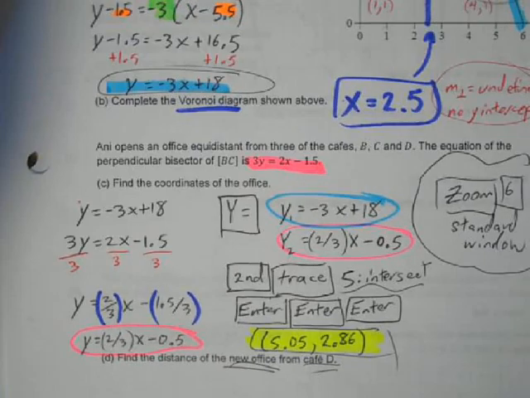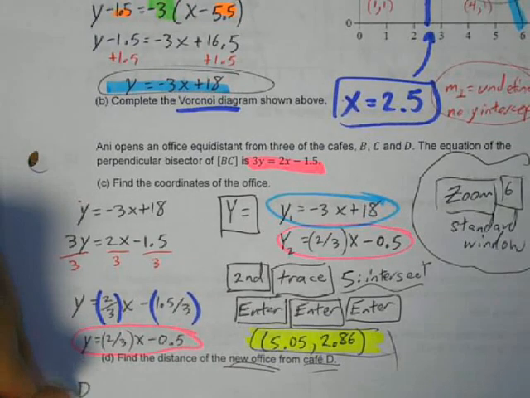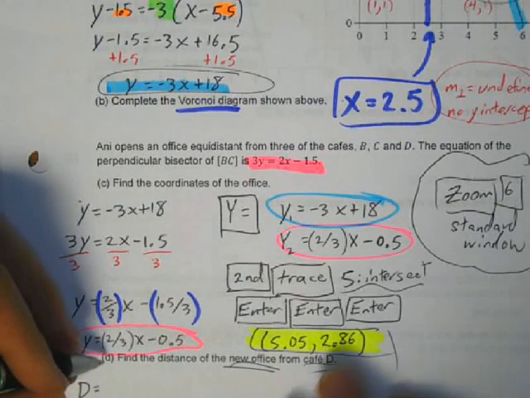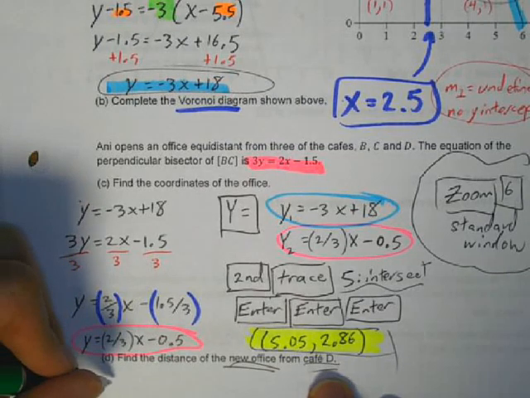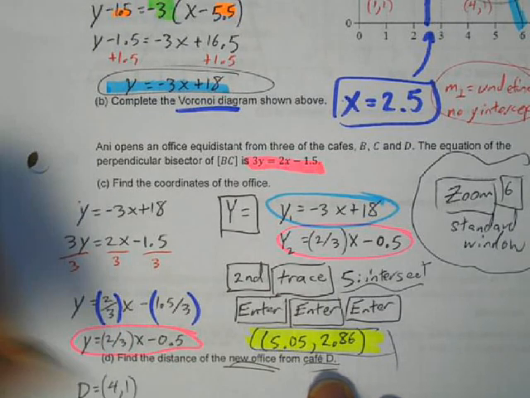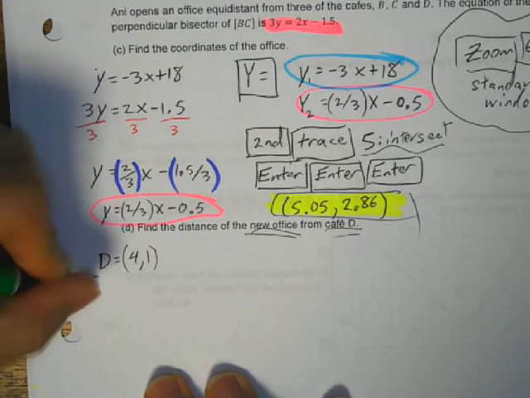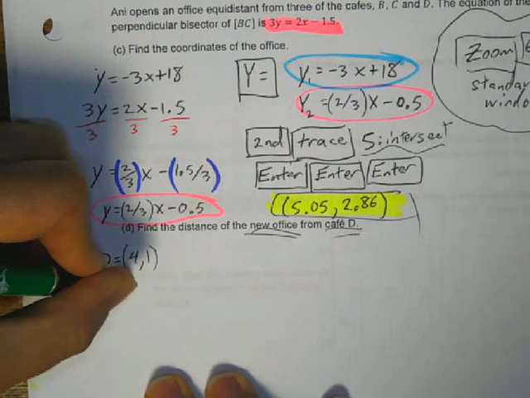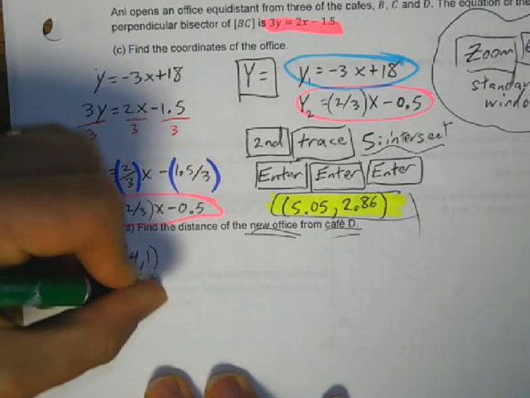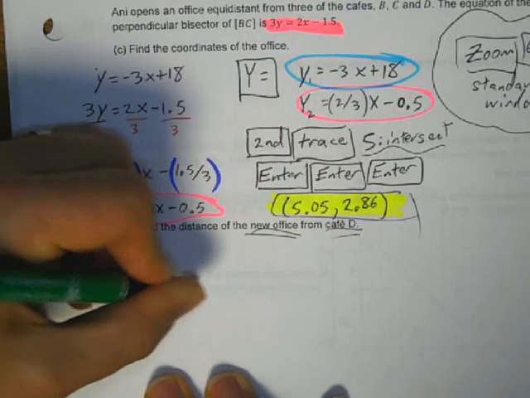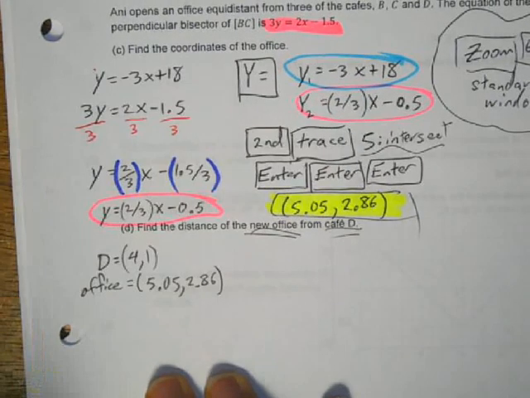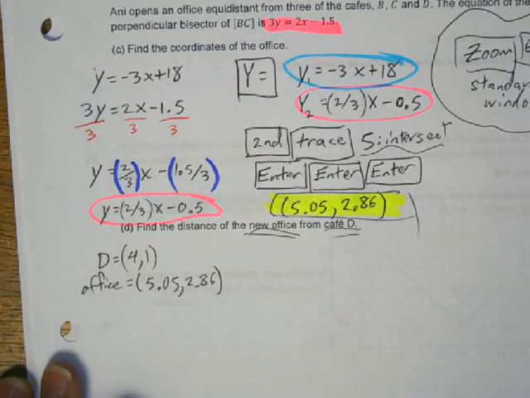But I'm going to use D because that's what they want me to use. And D is at 4, 1. The new point is at 5.05, 2.86, and I can use the distance formula.